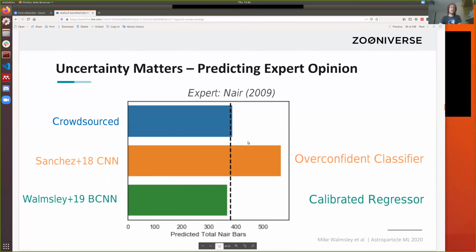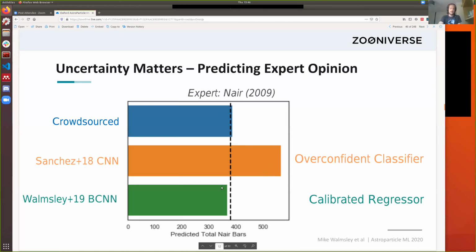But when you use the Bayesian approach that I just outlined, where you take instead your binomial model for what the volunteers would say, and when you marginalize over the different networks you might train with dropout, you get, again, bang on the right number of answers, the right number of bars in the galaxy sample.